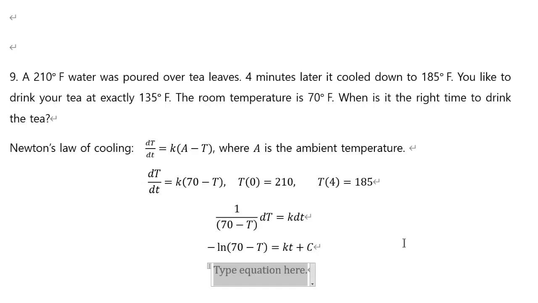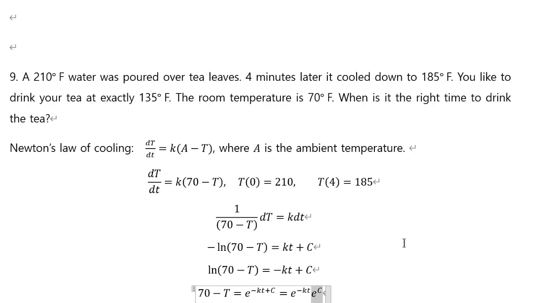Let's solve for t. First, multiply by negative. You can put plus c or minus c, it doesn't matter, it's just some constant. Exponentiate both sides, so you get 70 minus t equals e to the negative kt, and then plus c. And that's the same as e to the negative kt times e to the c.